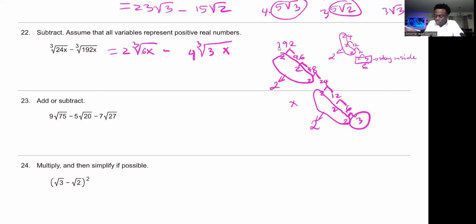Let me see again. Let me see. 2 divided by 196, 92 divided by 2, 96, divide again by 2, 48, divide again by 2, 24, divide again by 2, 12, and then go on.